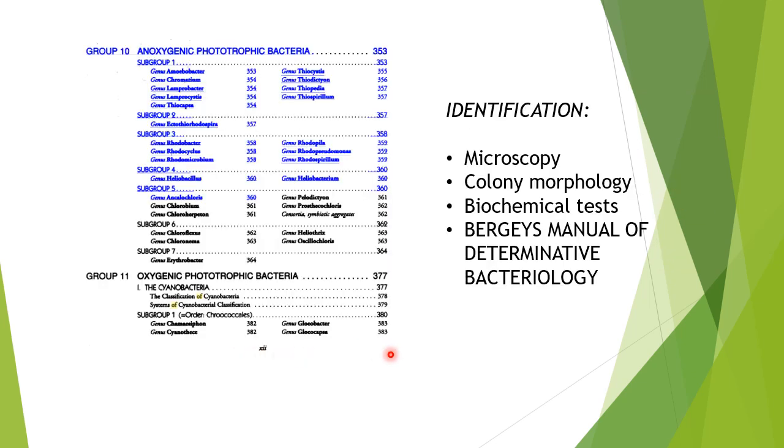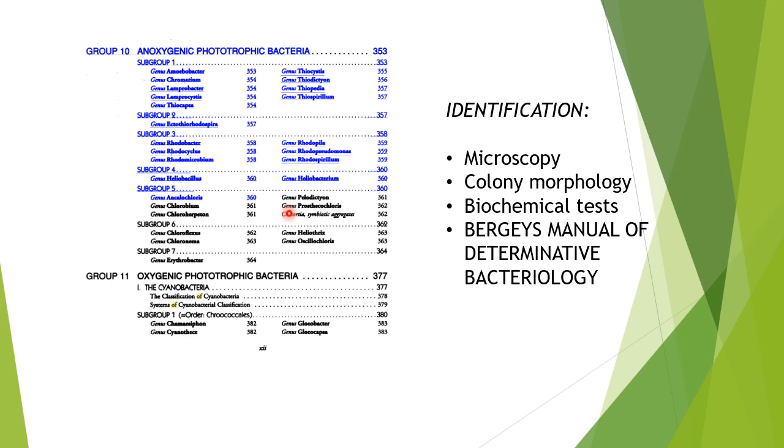To identify a given species of photosynthetic bacteria, you need to first do microscopy, colony morphology, and then biochemical tests. For that, you need to refer to Bergey's Manual of Determinative Bacteriology. In that, groups 10 and 11 cover the oxygenic and anoxygenic photosynthetic bacteria.